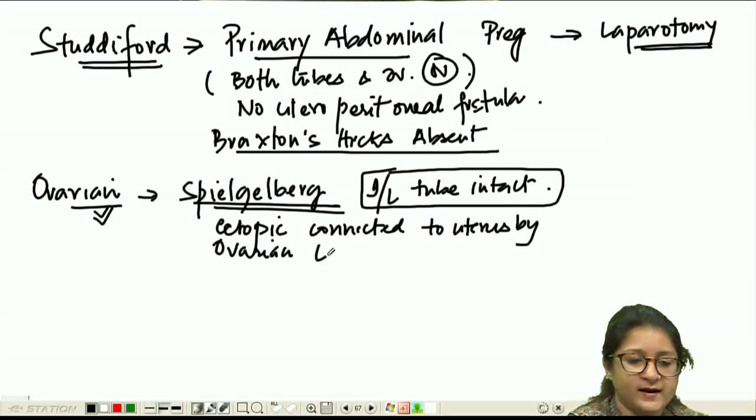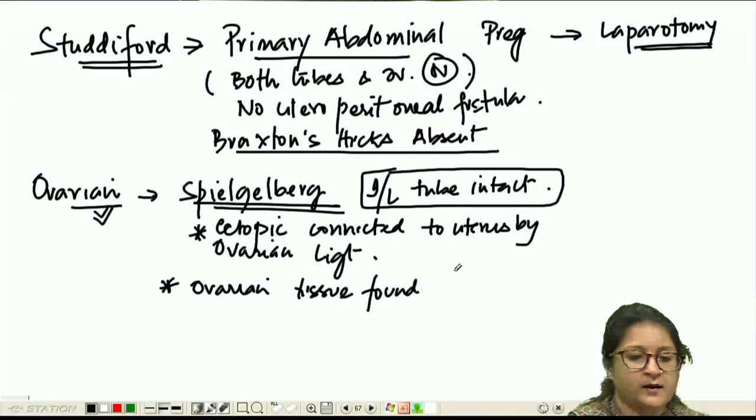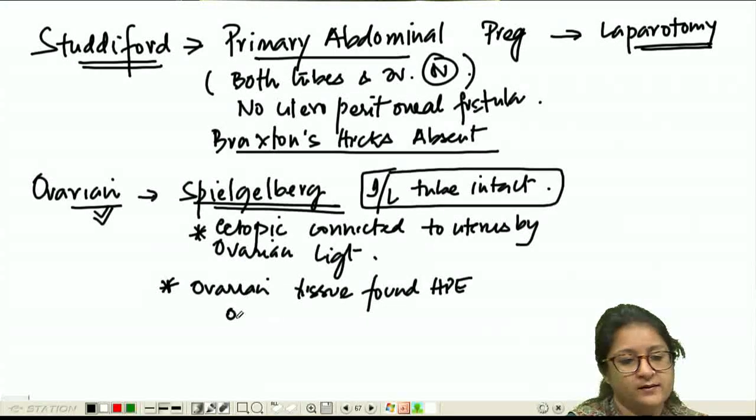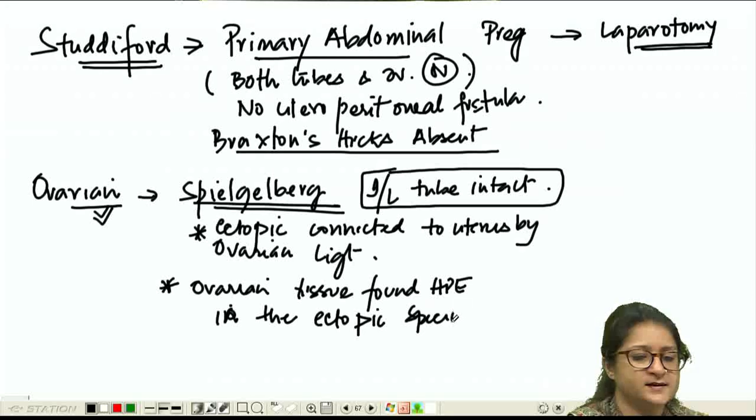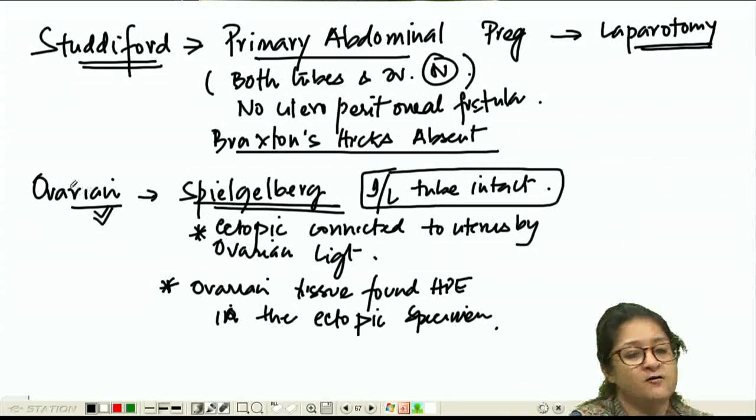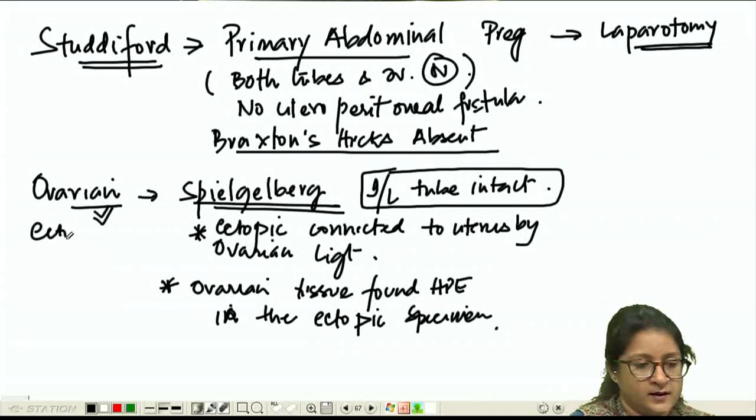That will signify that the ectopic is in the location where the ovary should be, and ovarian tissue is found histopathologically in the ectopic specimen, right? Ovarian tissue is found histopathologically in the ectopic specimen. This is Spiegelberg criteria for ovarian ectopic.